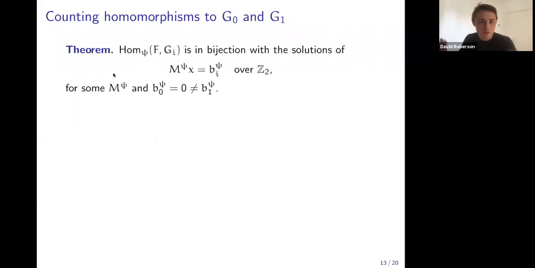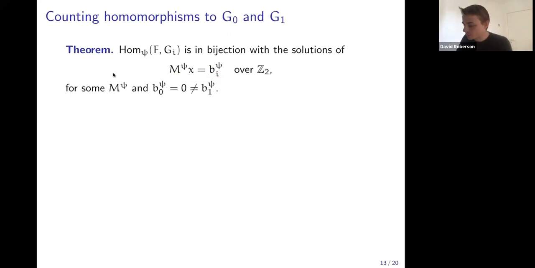So to be more formal, this set is in bijection with the solutions to some linear system. So you have some coefficient matrix, which would depend on that psi. And then you have some constant vector, which depends on psi and also whether or not you're considering G0 or G1.